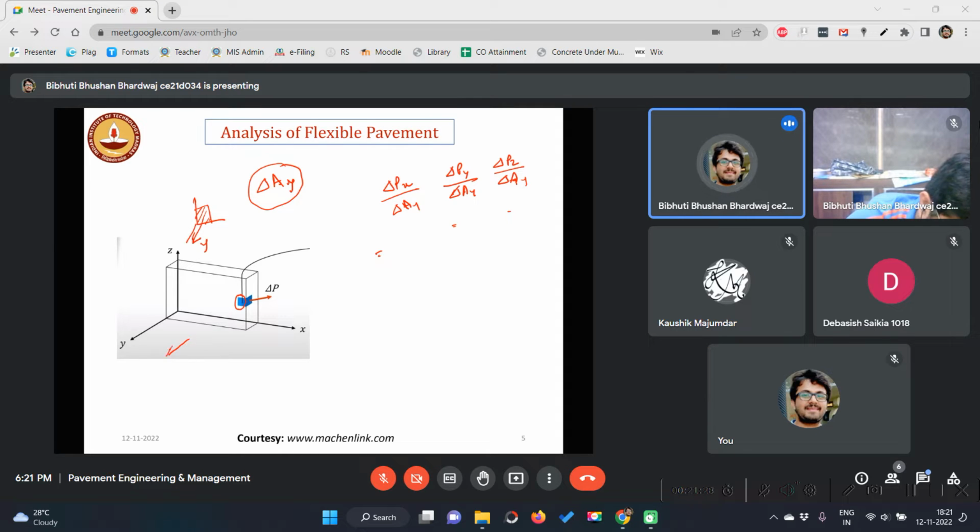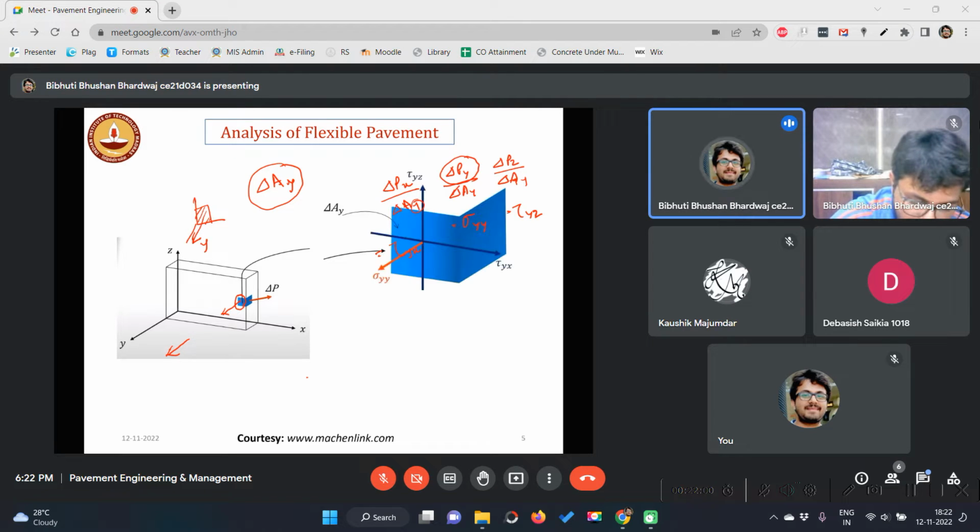See, the surface is normal to y, so the only possible combination that can give you a normal stress is when the force is also in the y direction. The only force that is coming in the y direction is delta Py. So this will be sigma yy, and this will be tau yx, and again tau yz. Okay, good. Understood? Yes, sir.